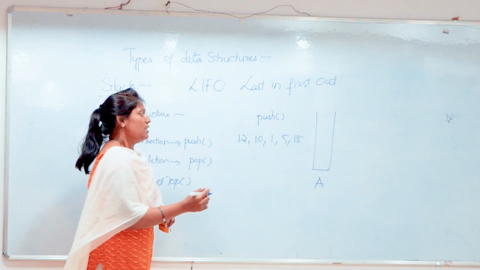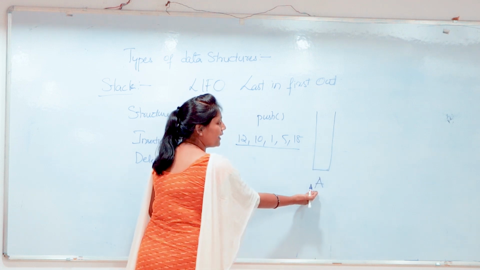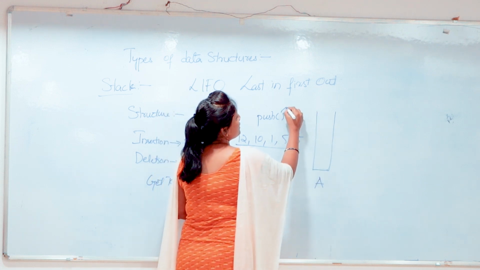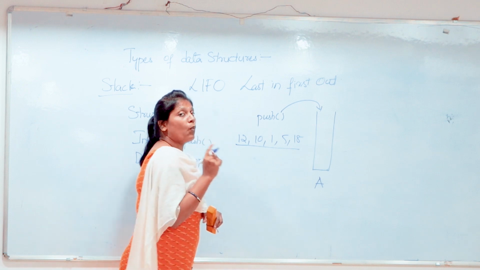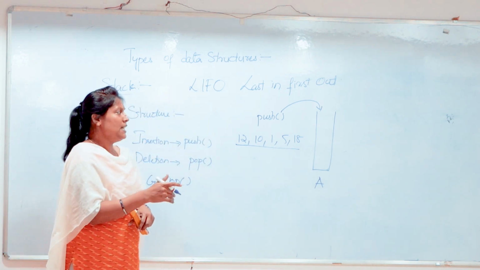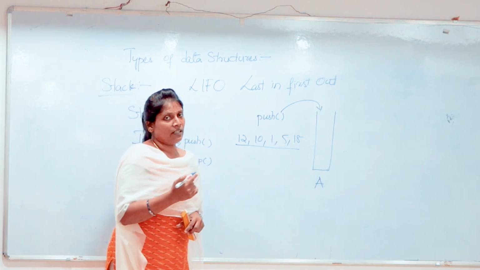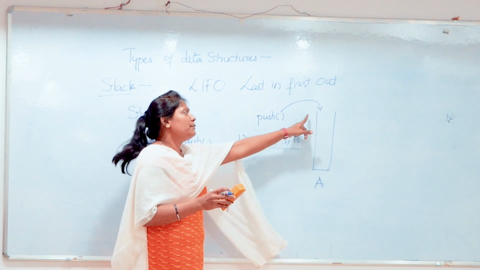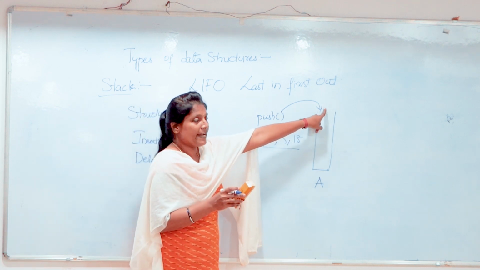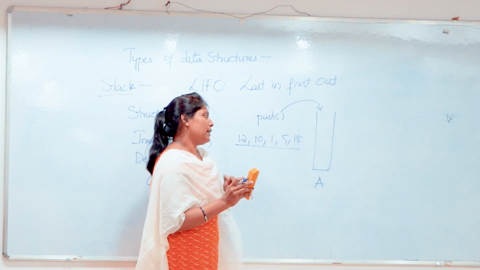These are the elements to be inserted into stack A. Whatever operations we perform, push, pop, get top, is empty and is full, will be performed at only this one end.